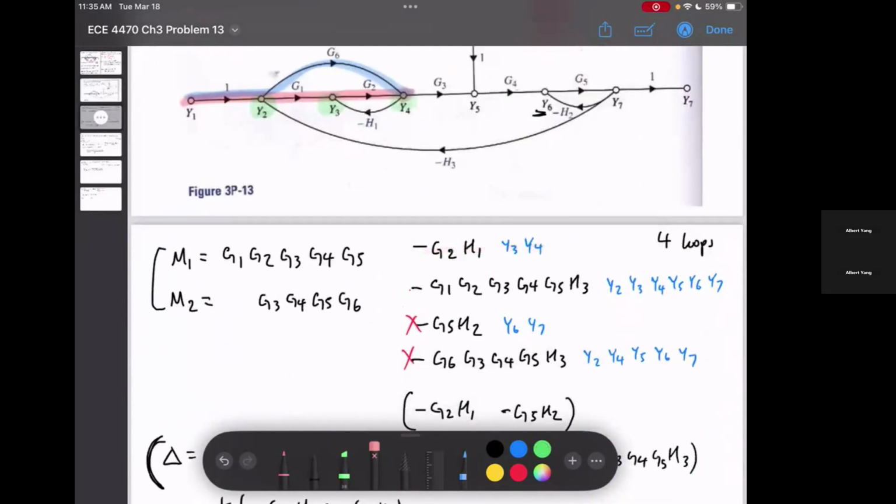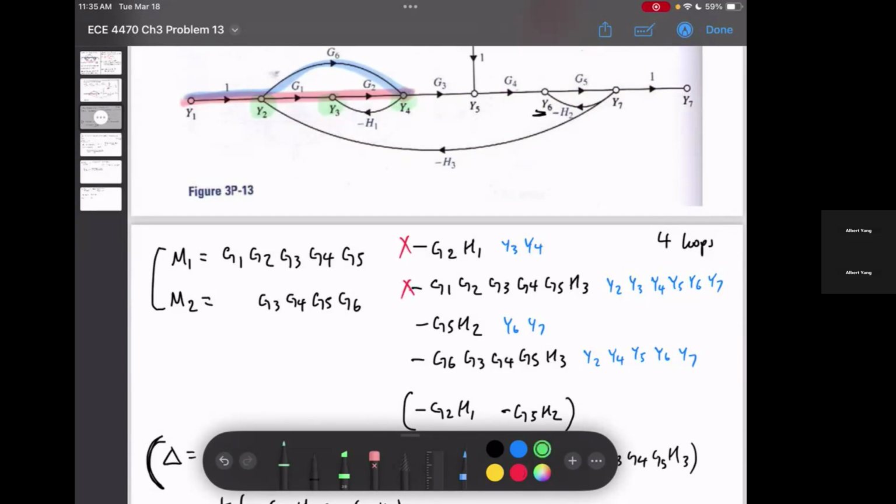We'll check each of these again. If it has Y2, Y3, or Y4, then that loop is not going to work. So the first one's out because it's Y3 and Y4, and this one is also out because it has all three.